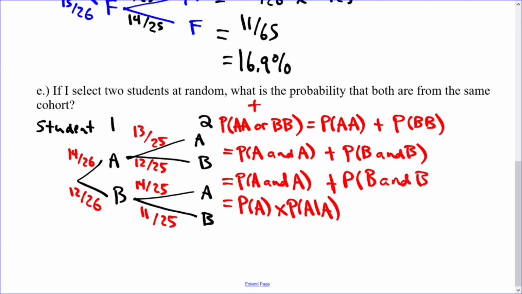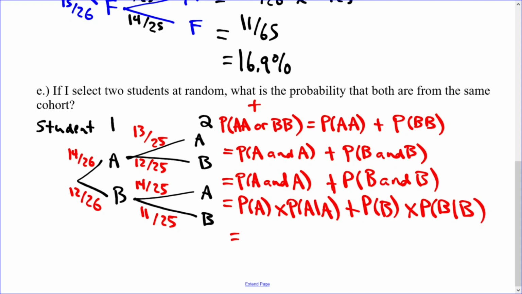That's fine. I just wrote a little bit of extra. So it is probability of being from B multiplied by the probability from B given that the first selection was also from B. All right, we have those values, so let's find them from our tree diagram.